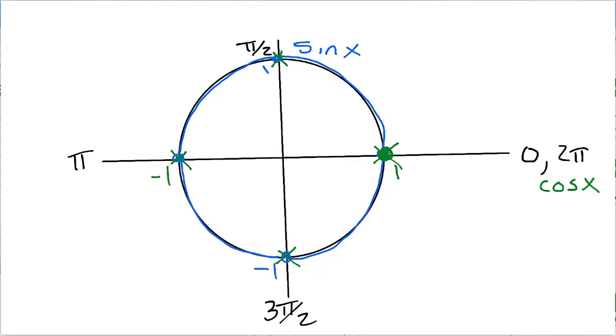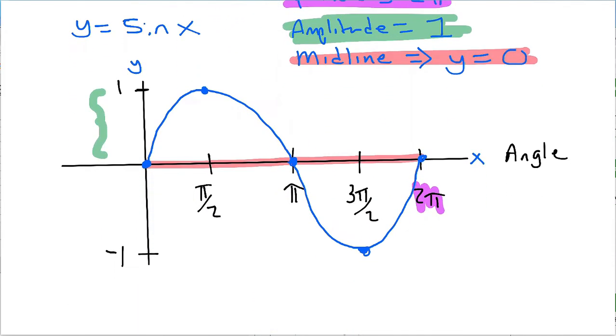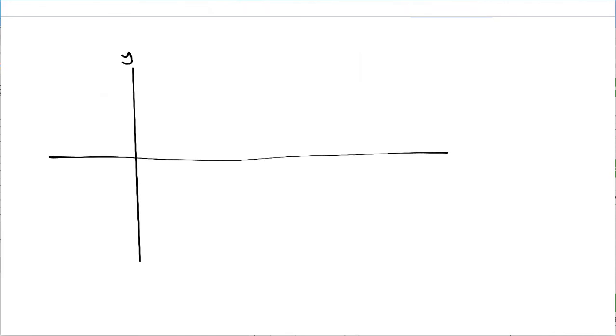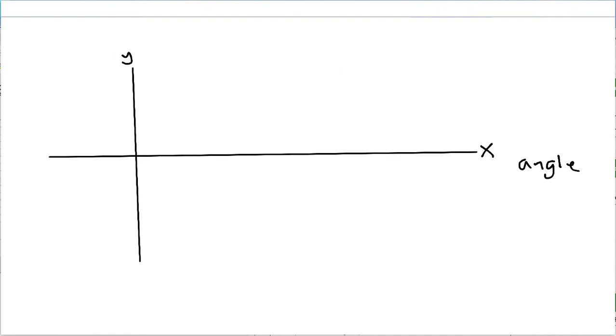If we graph that similar to this, here's what it would look like. We got an x-axis and a y-axis, right? That's the y-axis. And that's the x-axis. That's also what I would maybe refer to as the angle.